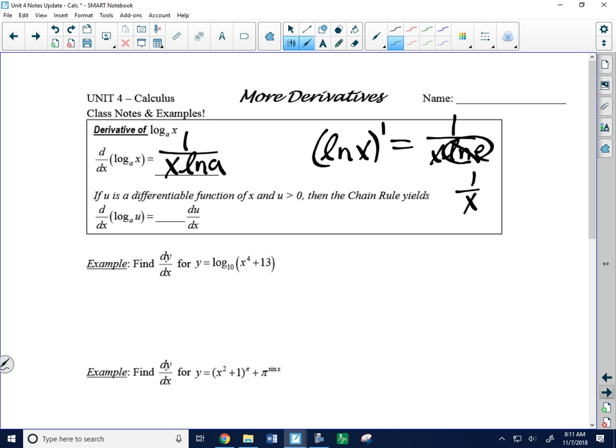So it's just the same rule, but the ln one is slightly simpler. And if you need a chain rule, the derivative of log base a of u is 1 over u ln a, with the chain rule of du dx, u prime.